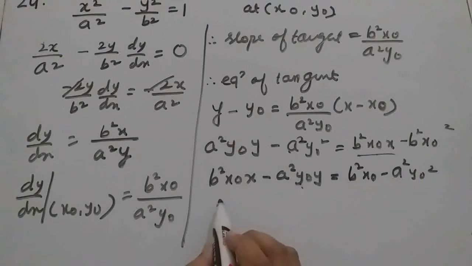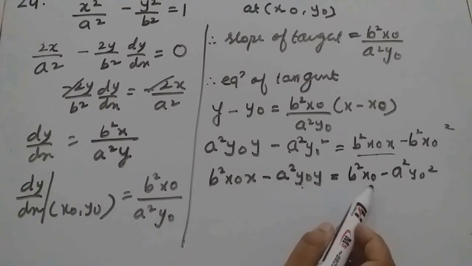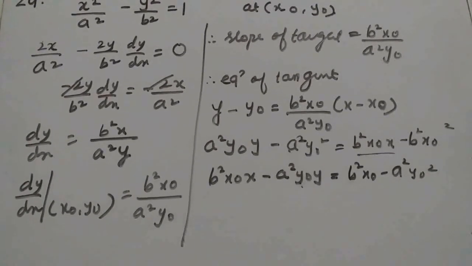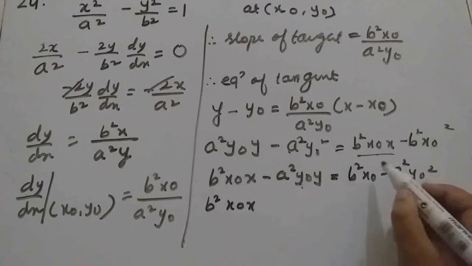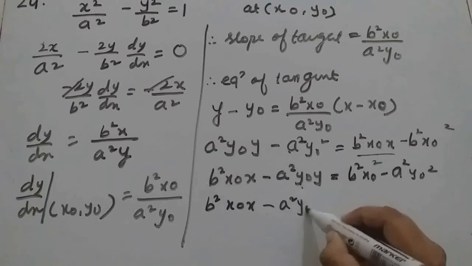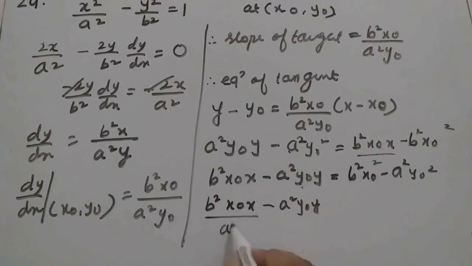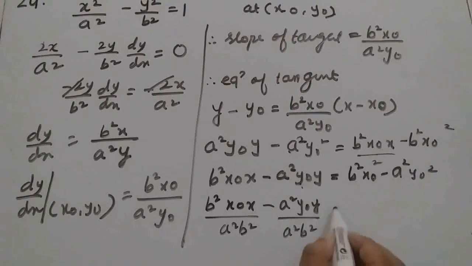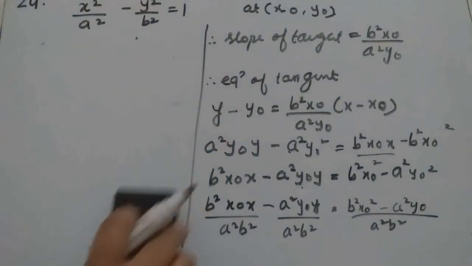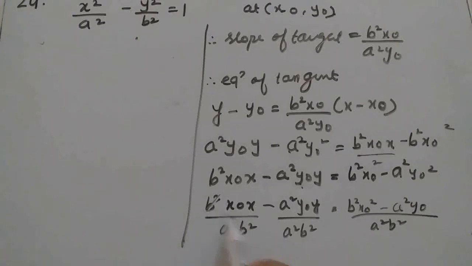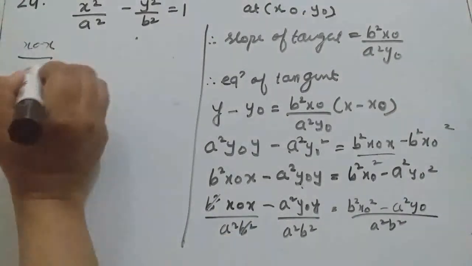Now see, if we divide this by a square b square, see what we will get here. b square will go, x0 x by a square.